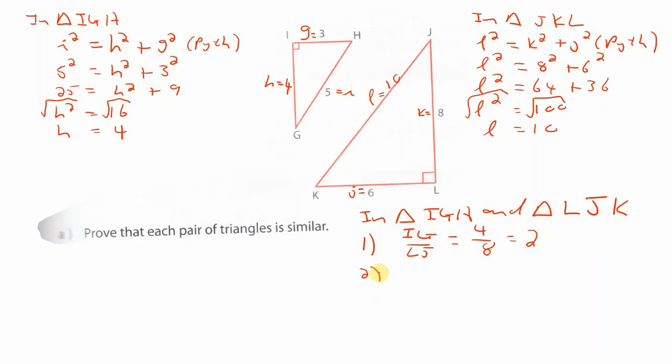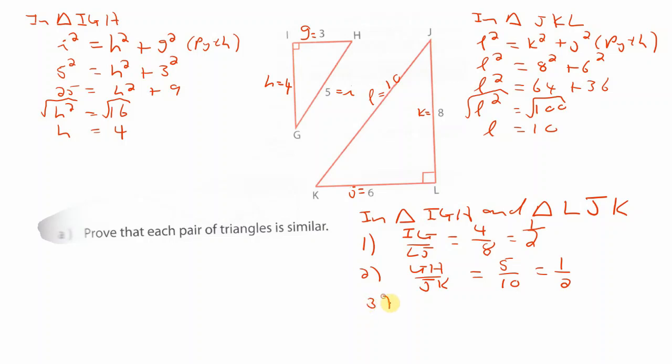Secondly, we have GH as a ratio to JK. So GH is 5, JK is 10, so it's 1 over 2. I see here we actually had 1 over 2.